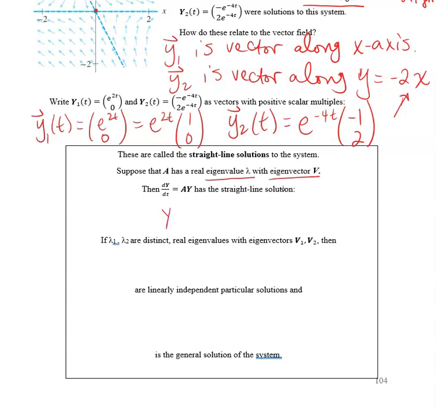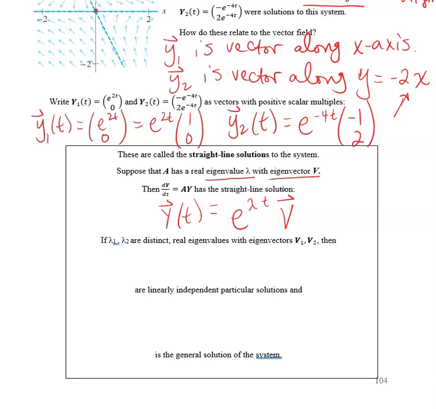So we're going to say the general solution would be y is equal to e to the lambda t times that eigenvector. So what we found up here, this 1, 0 and this negative 1, 2, those are really eigenvectors for those solutions.